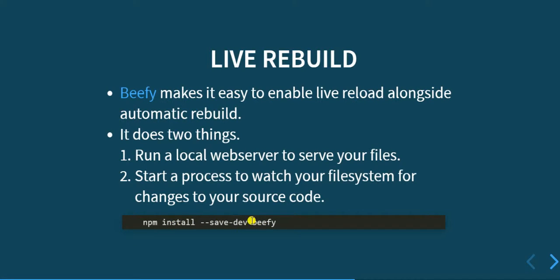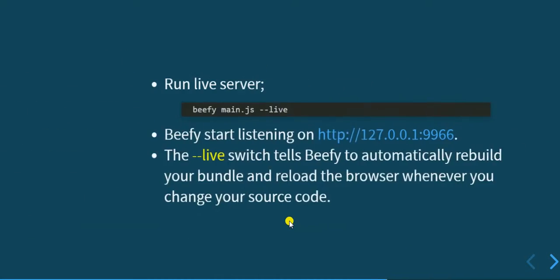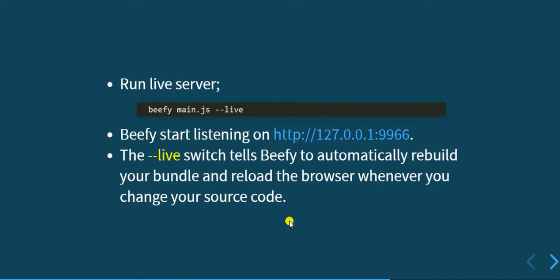Using this command, you can install beefy. To run the server, you can call beefy and the file name. So beefy listens to port 9966. The live command automatically rebuilds and bundles up all the files whenever the browser detects any changes in the source code.